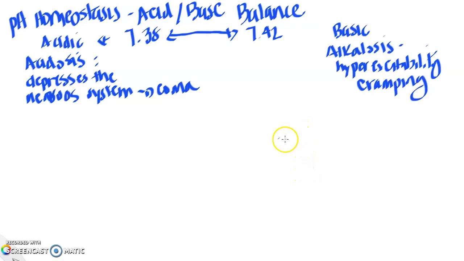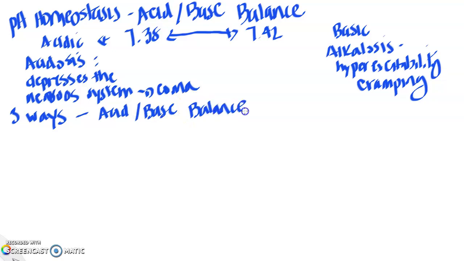Okay. So there are three ways that the body handles acid-base balance, and the first two we've basically already talked about.